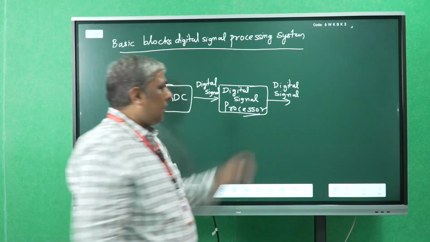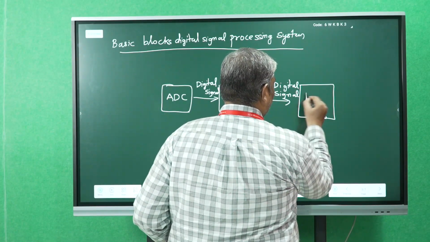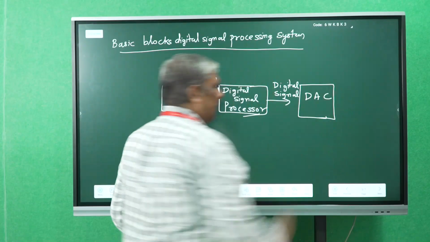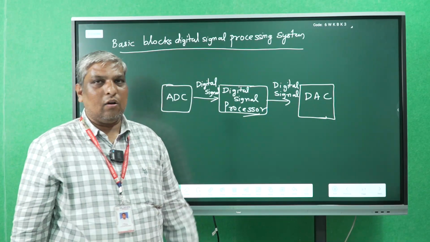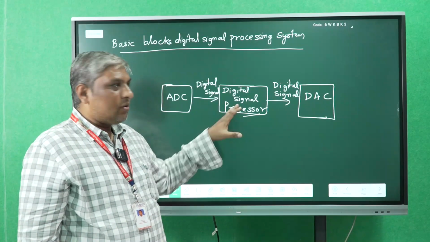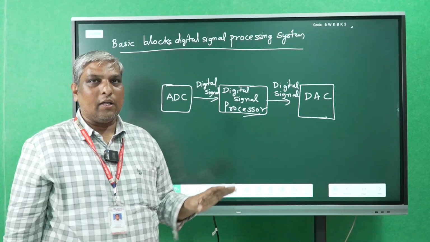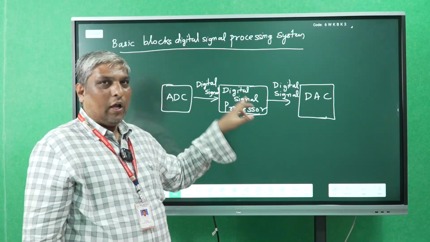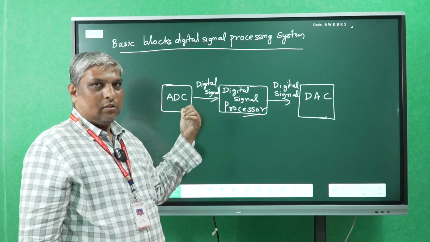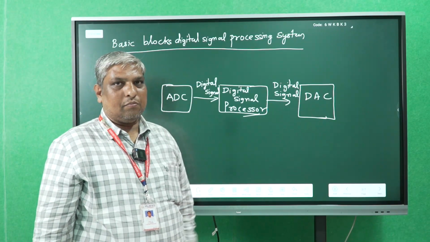In a similar manner, the digital signal output will be applied to a DAC, digital to analog converter. Because of the unavailability of digital signals in physical form, there is a need to add some extra components: the analog to digital converter and the digital to analog converter.